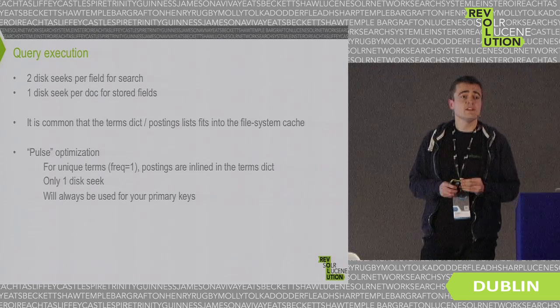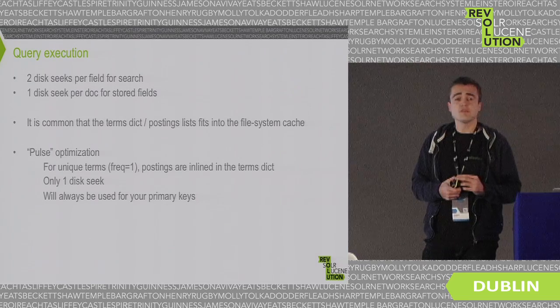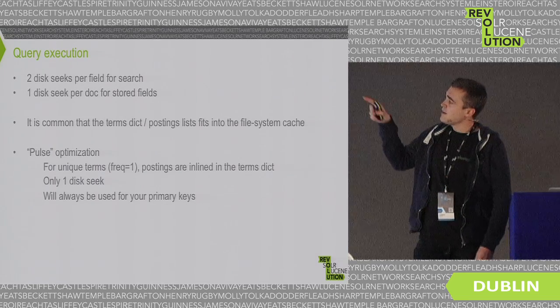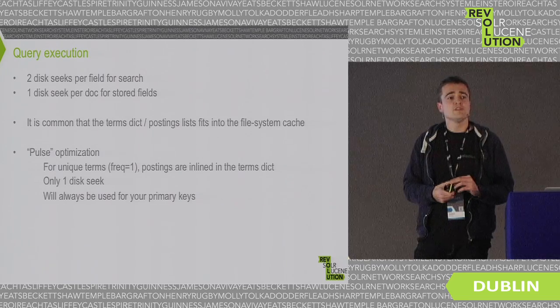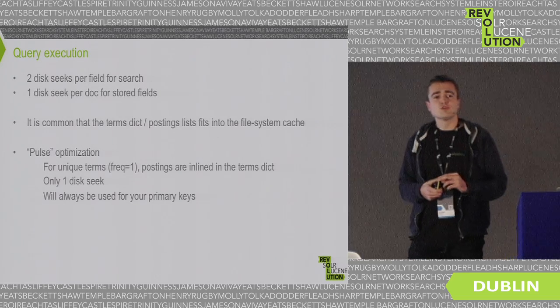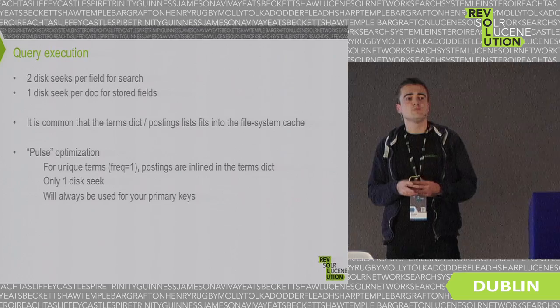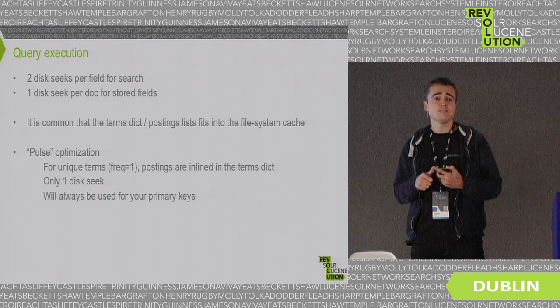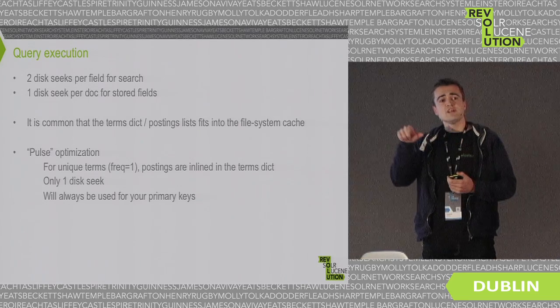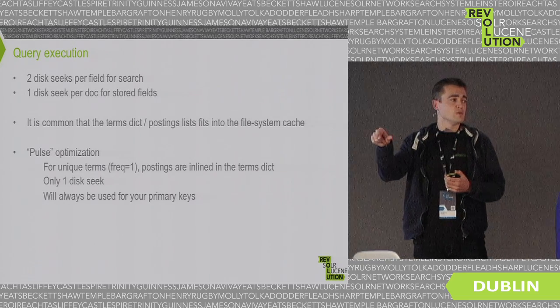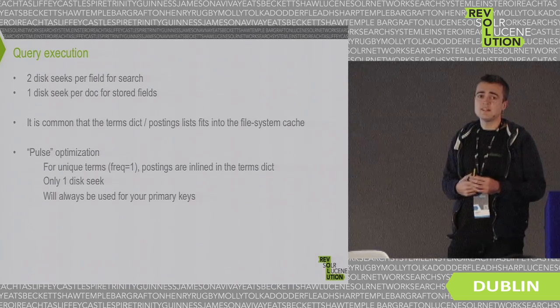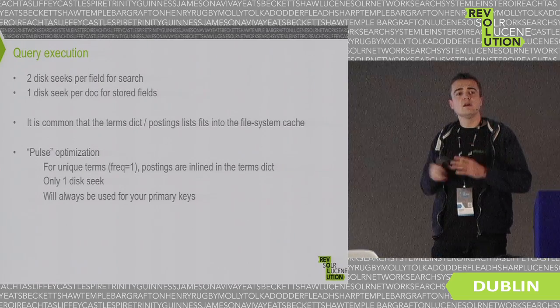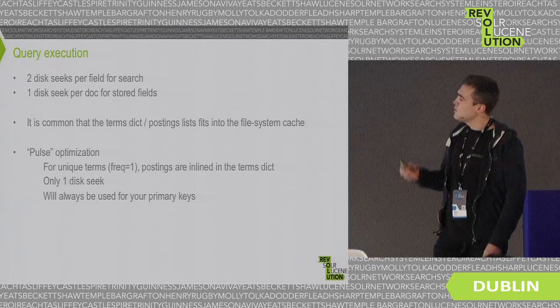There is one very nice optimization that Lucene applies so that you have less than 3 disk seeks, even in the worst case. It is for terms which have a frequency precisely equal to 1. This happens all the time if you have primary keys, because every term will be associated with a single document. In that case, it's going to inline the posting list into the term dictionary.